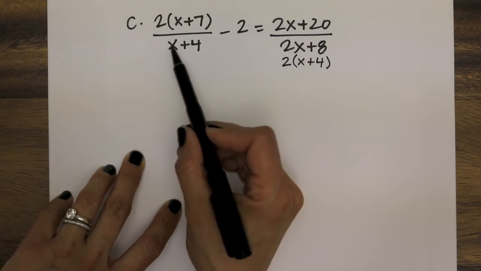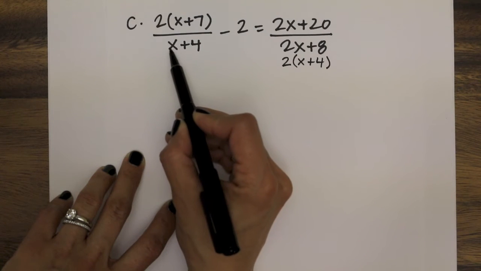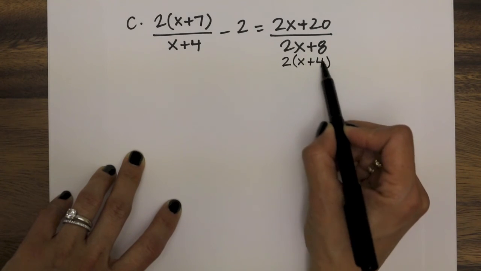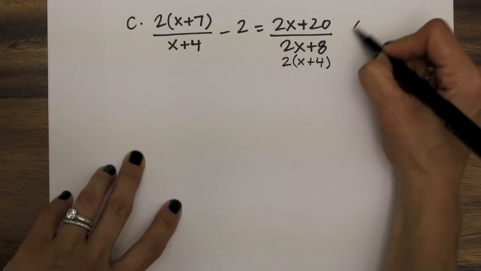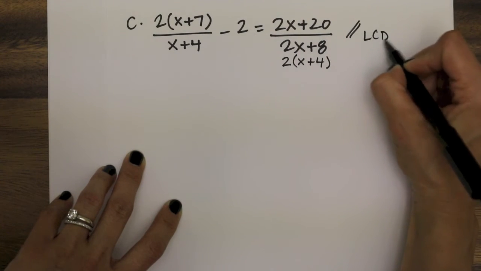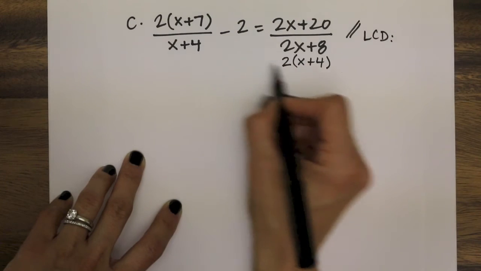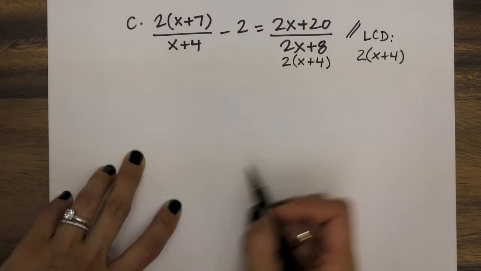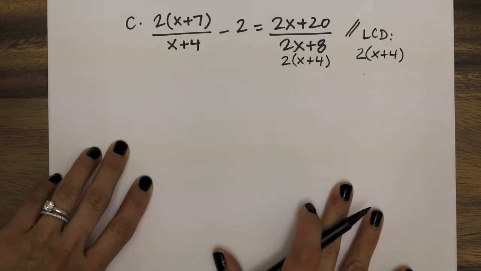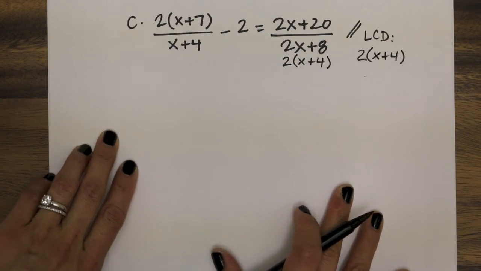So now we're looking at all the denominators. You have the quantity x plus 4. You also have x plus 4, but then this denominator also has a 2. So our LCD is going to be 2 times the quantity x plus 4. Once you identify the LCD, you're going to multiply it to both sides of the equation.